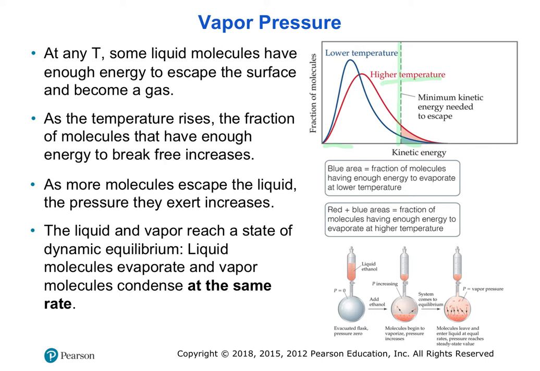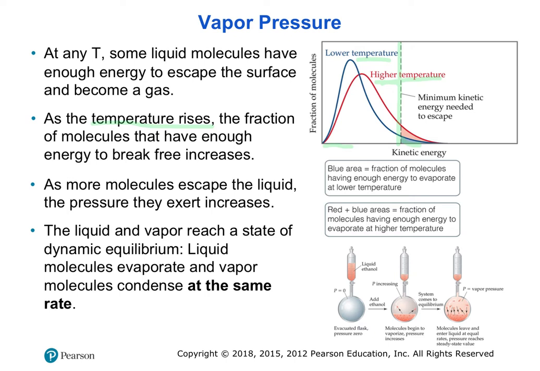It doesn't matter which temperature you're at, there's always going to be some fraction of molecules that have enough energy to escape the liquid phase and break their intermolecular forces into the gas phase. But as we increase the temperature, that amount will go up, so more molecules can go into the gas phase.